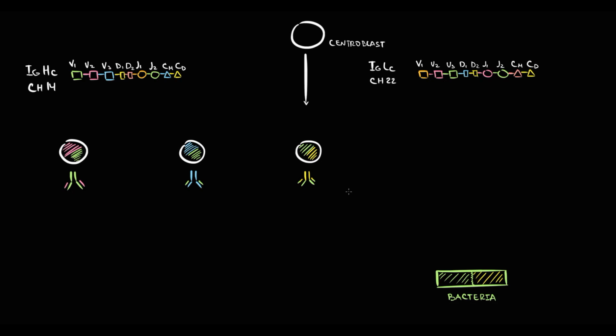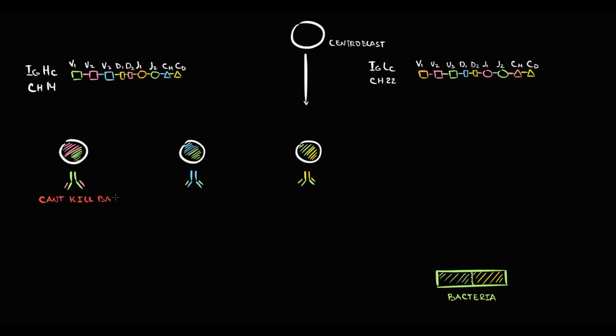The major problem with broken B cells with low affinity to bacteria is that they cannot kill the bacteria. They are totally useless, and nature is absolutely merciless to useless stuff.